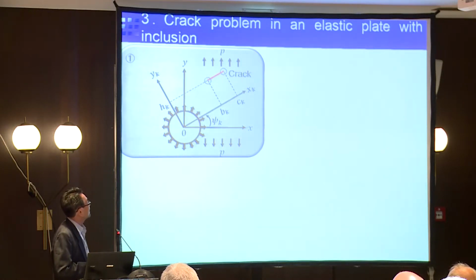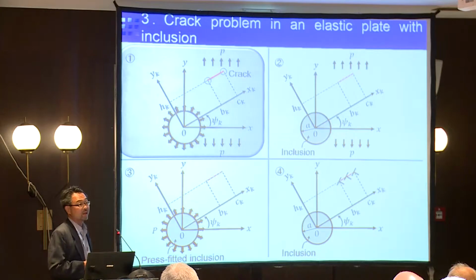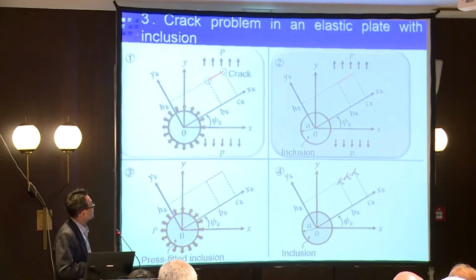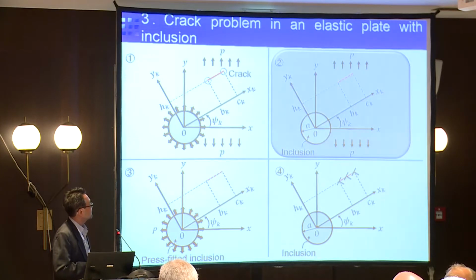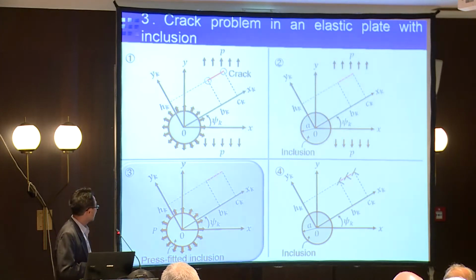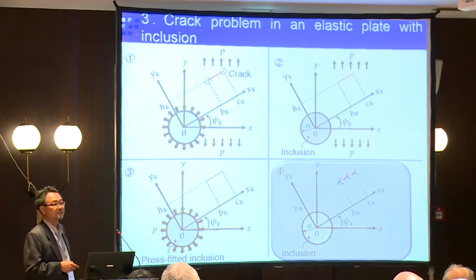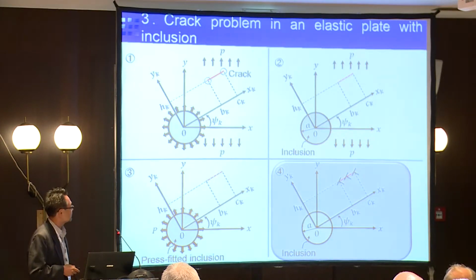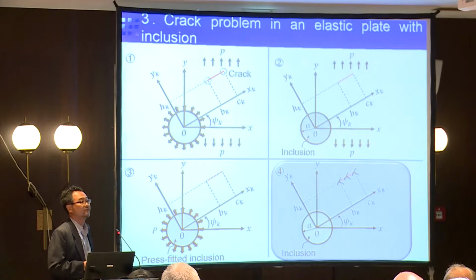For solving that, we divided it into three auxiliary problems as shown here. The first auxiliary problem indicates the inclusion subject to the tensile stress at the far field. The second one indicates the press-fitted inclusion. The last auxiliary problem is the elastic plate with the inclusion and the distributed edge dislocations as shown here.